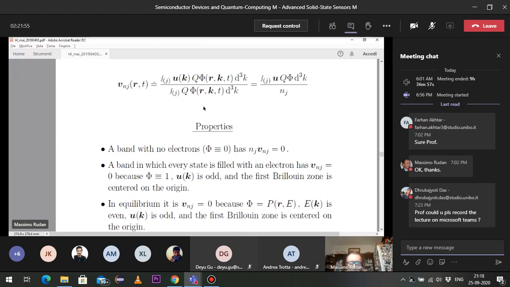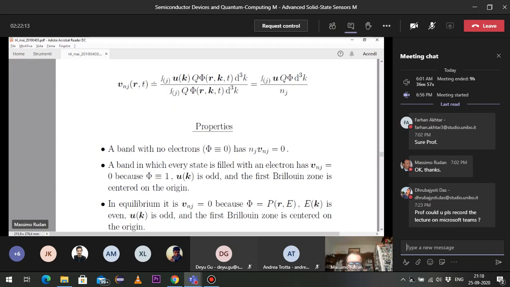That means that this integral at the right-hand side is 0, so the product n times average velocity is also 0, okay?